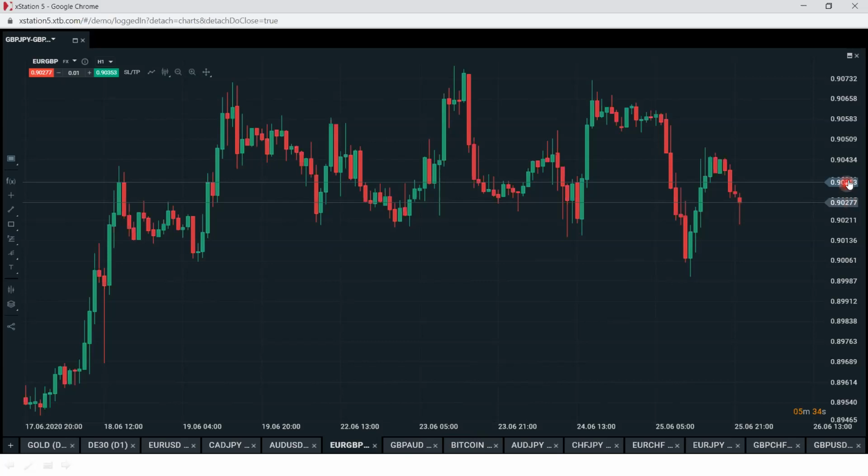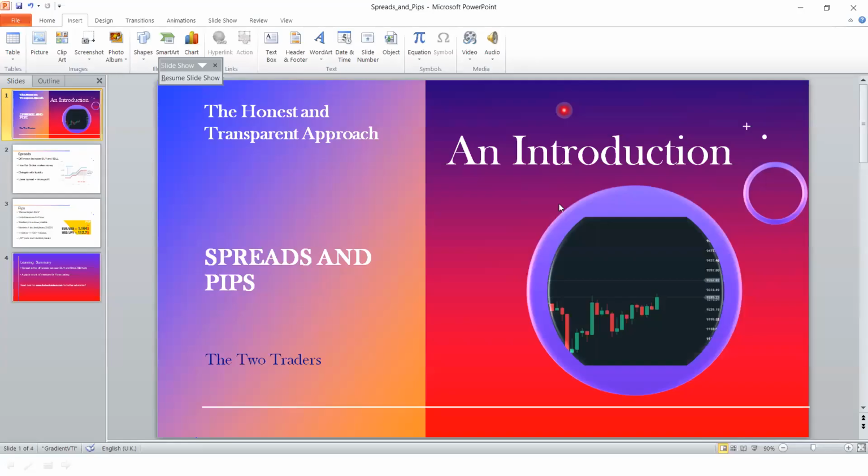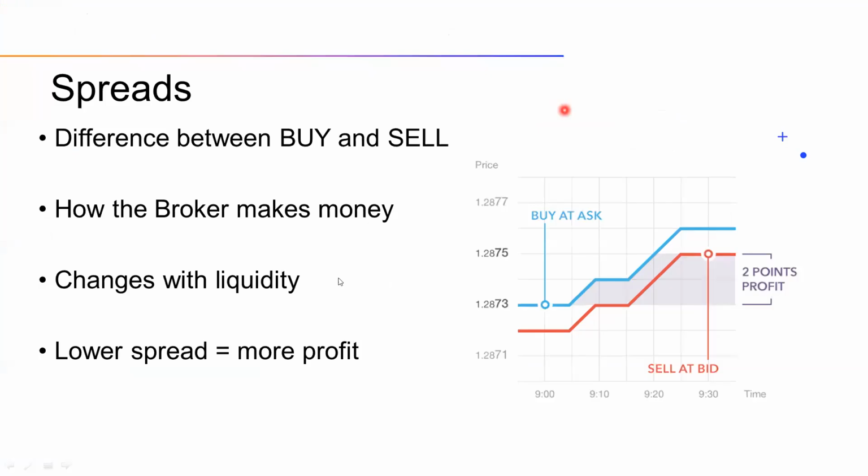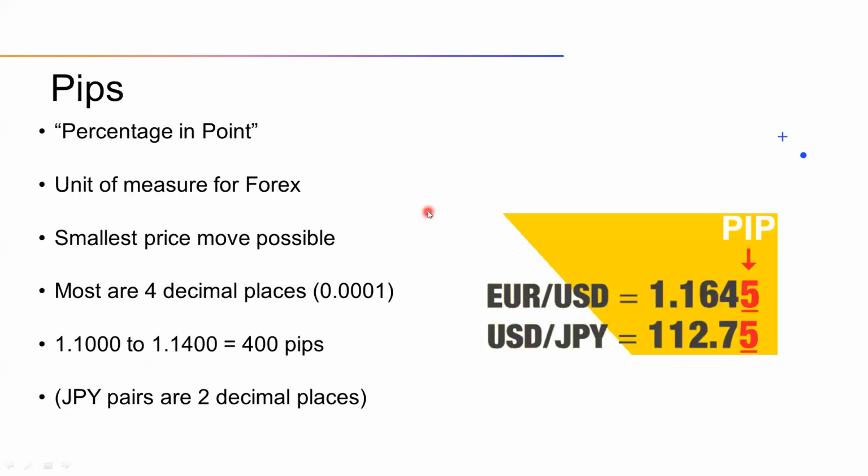So that's half of the spread of GBP AUD, and this is because Euro GBP is a major forex pair. So that's a bit about the spread. Now, hopefully that all made sense.